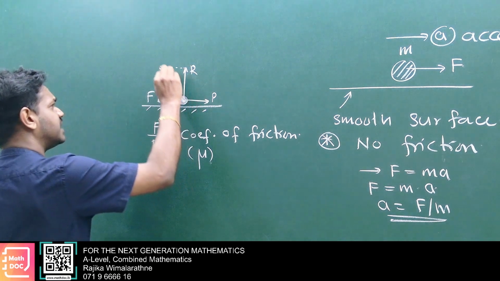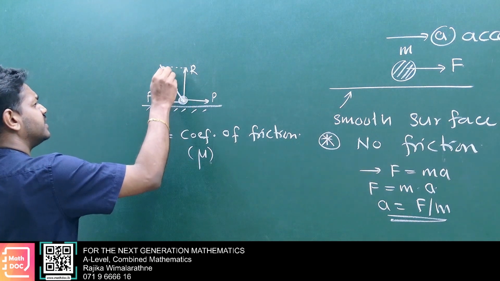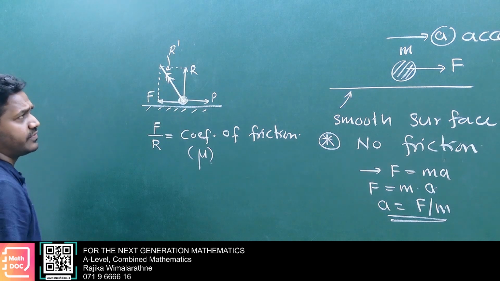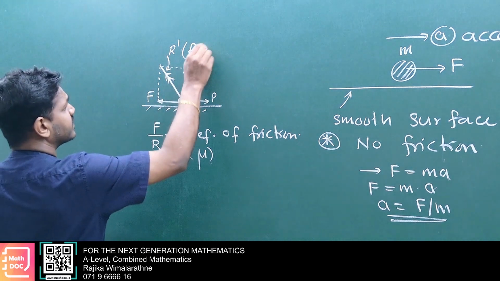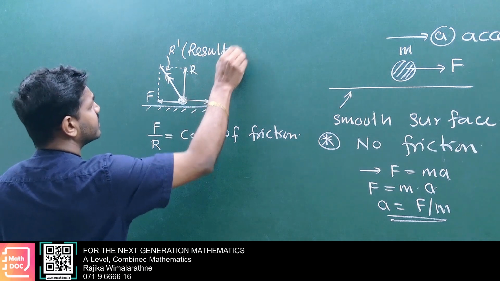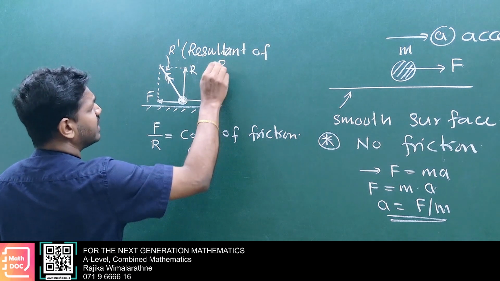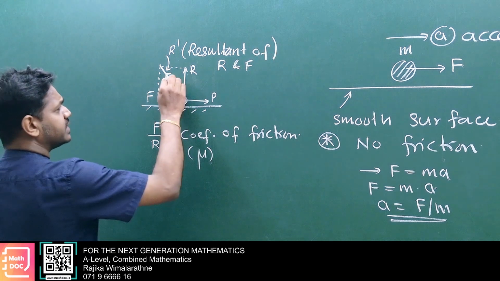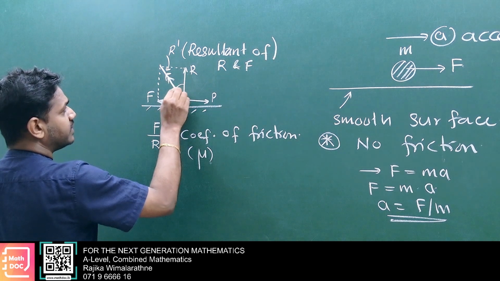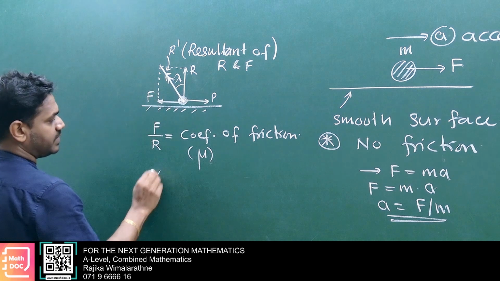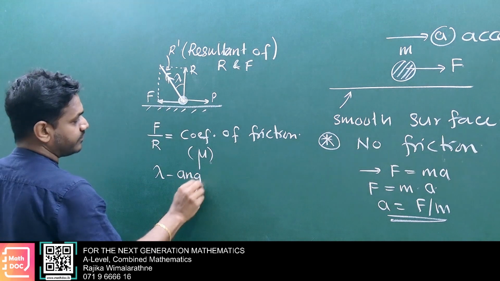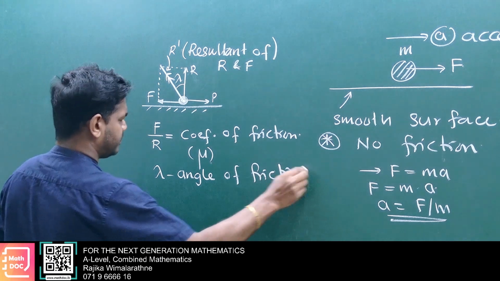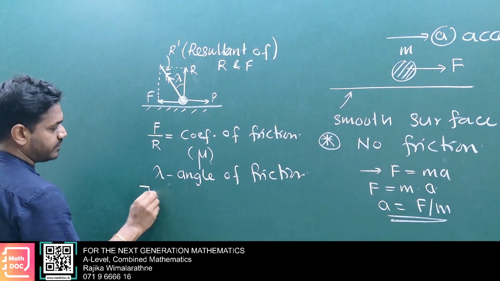When you consider the resultant value, here R dash is the resultant of R and F. The angle between R and R dash we call lambda, the angle of friction.